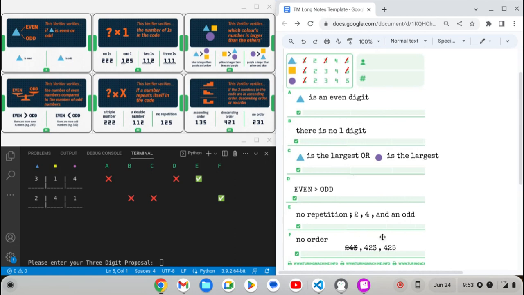Yeah, it goes down, then goes up, goes down, then goes up. Yeah, I'm gonna have to do one more round. Okay. Well, let's do 4, 2, 5. I don't see how I can deduce whether triangle or circle is the largest.